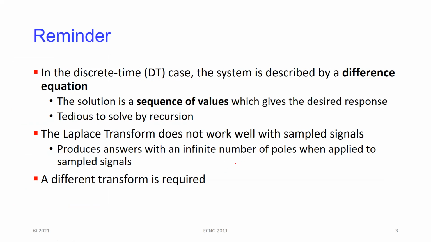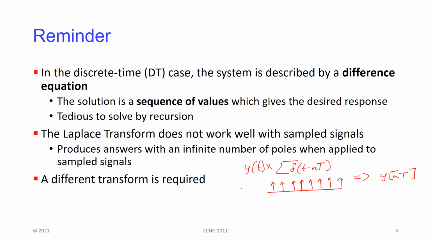Remember sampling: you get a sampled signal by multiplying a continuous time signal by a sampling train, which is a series of impulses. Right, so this is how you get the sampled signal, and then this gives you your y and t.